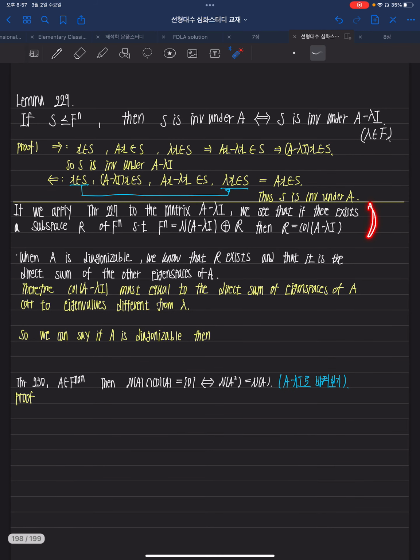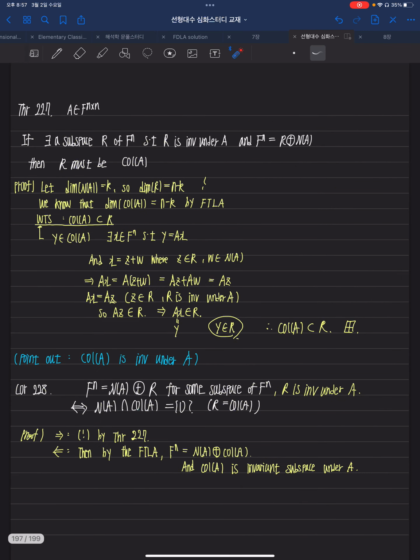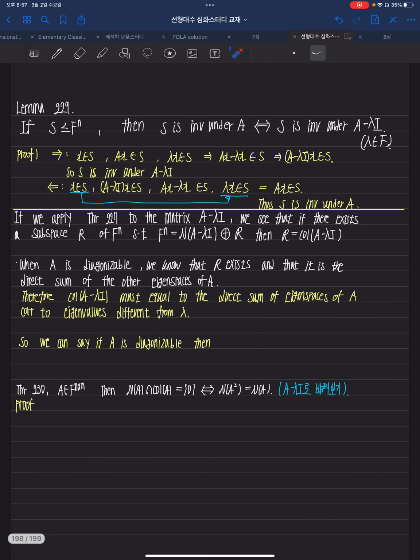This theorem is itself. When A is diagonalizable, we know that R exists and that it is the direct sum of the other eigenspaces of A.